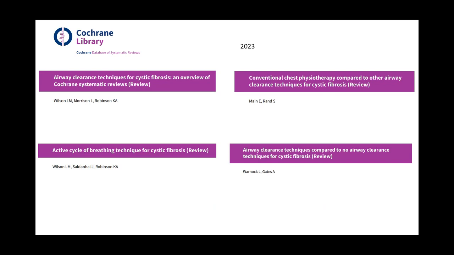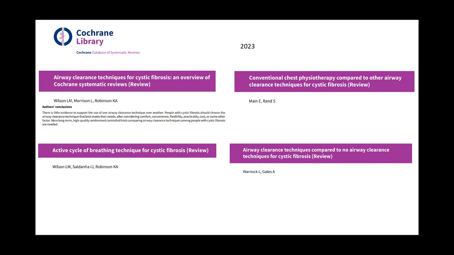The first looked at airway clearance techniques. And the conclusion was that there is little evidence to support one technique over another in people with cystic fibrosis, and that they should choose the technique that best meets their need, considering comfort, convenience, flexibility, practicality, and cost.